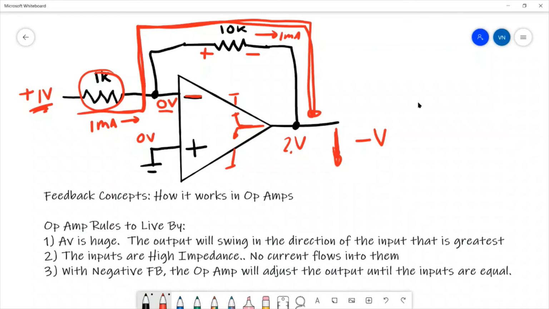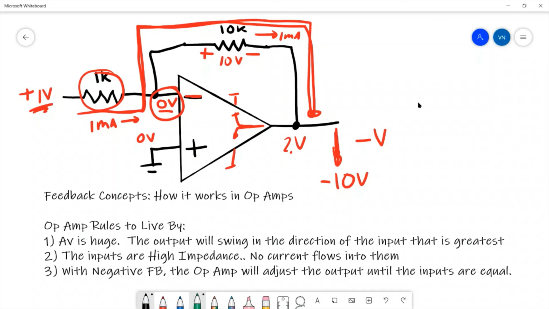And if there's 1 milliamp of current going through a 10 kilo ohm resistor, then that resistor will have 10 volts across it. Since this point is held at 0 volts, the output of the op amp has to swing down to minus 10 volts to get that input to 0 and to make everything stable.